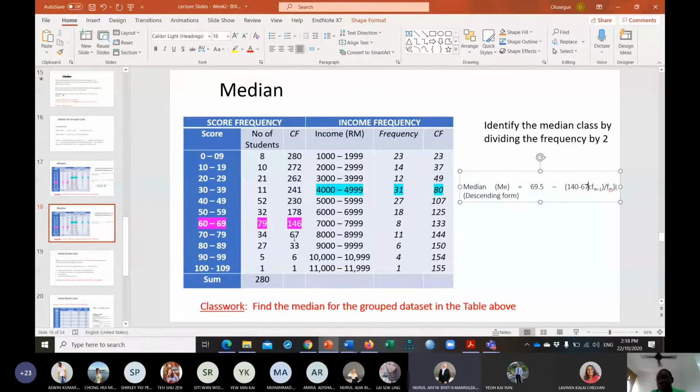Yes. And we put the frequency of the median class, 79 again. And we multiply again by 10, which is the class interval.